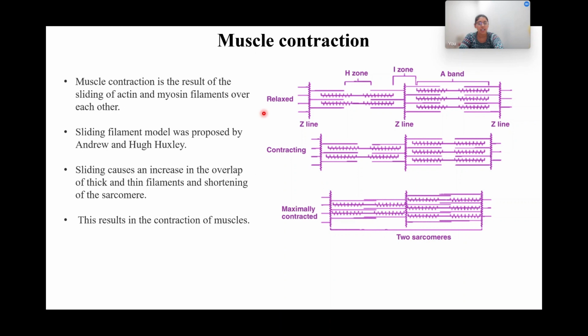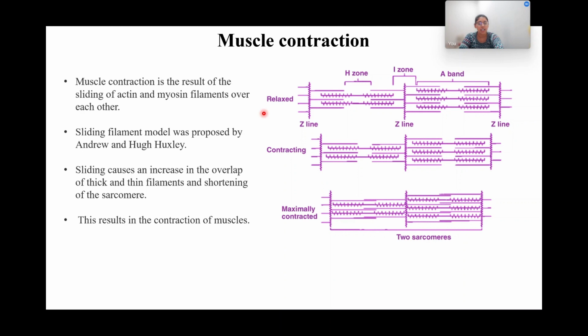Just connecting from the previous slide, the acetylcholine is released by the nerve fiber. It interacts with the receptor on the membrane of the muscle fibers, which is the acetylcholine receptor. Once the receptor has bound to the acetylcholine, it leads to the opening of the sodium channel on the plasma membrane, and this leads to influx of sodium into the cell.